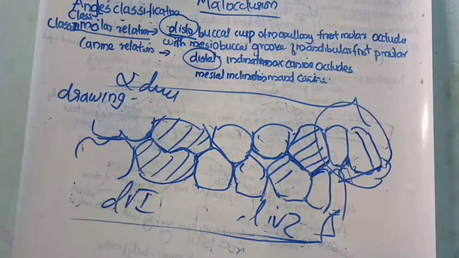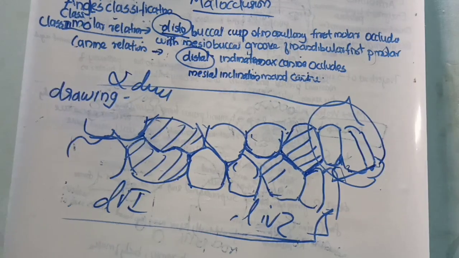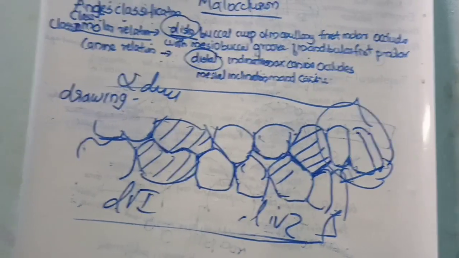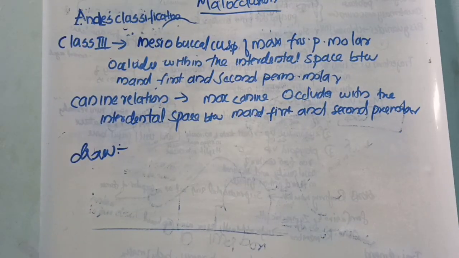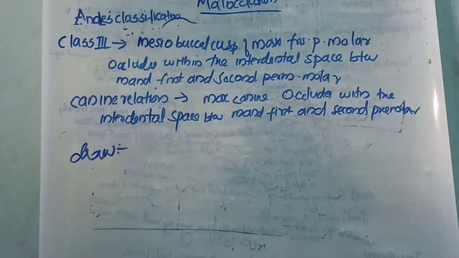Next we will discuss how to draw and classify class 3. Again, we have to discuss Angle's classification of class 3 and how to draw the relation. The mesiobuccal cusp of the maxillary first permanent molar occludes with the interdental space between the mandibular first and second permanent molars.